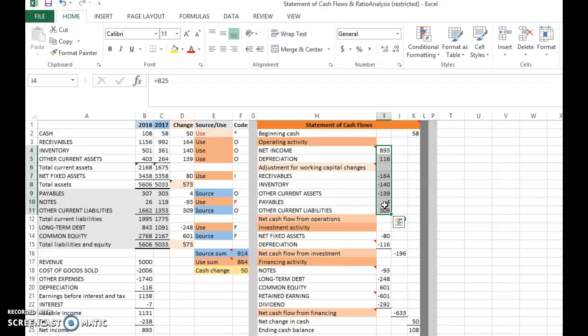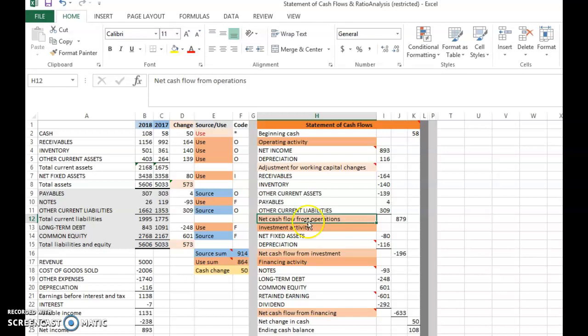When you open the bracket, then this becomes positive, this becomes positive, this becomes negative. Therefore, when you add all this, you get this value here, 879.